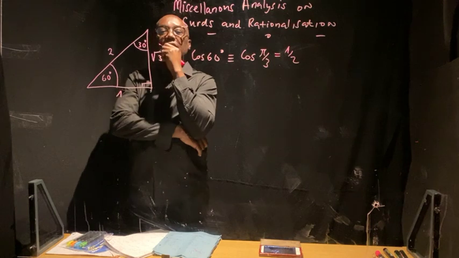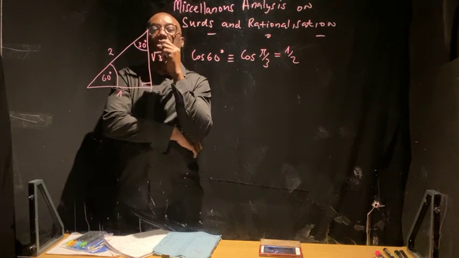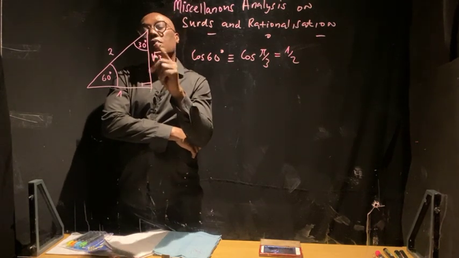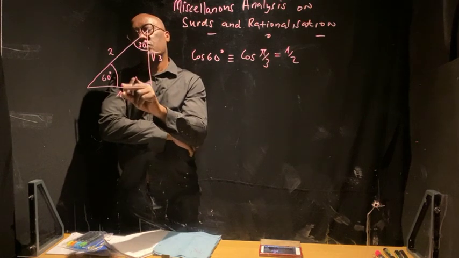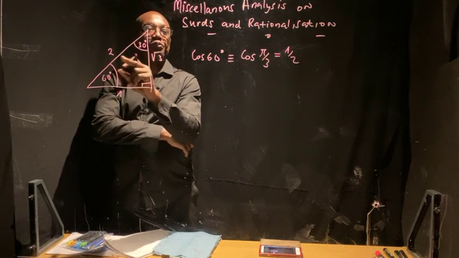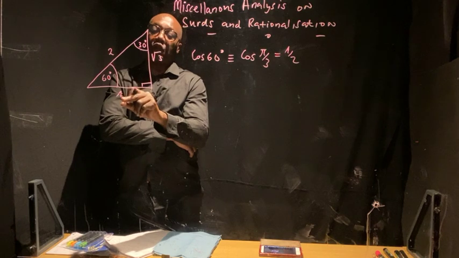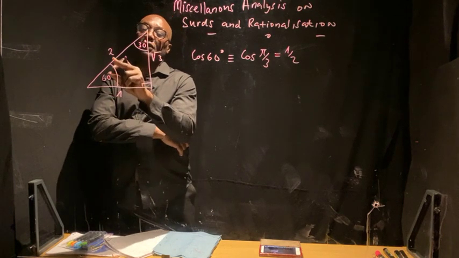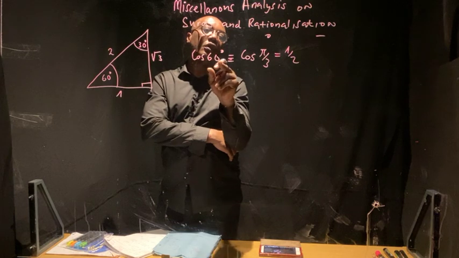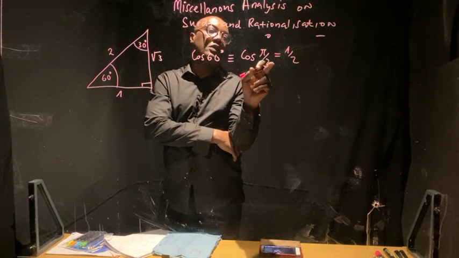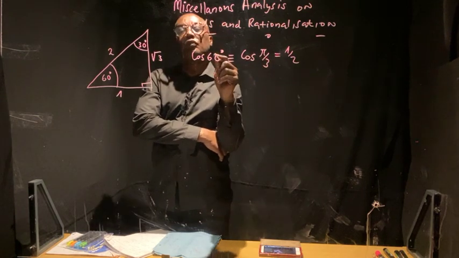If you want sine 60, okay, cos 60 is adjacent over the hypotenuse, and the adjacent is 1 and the hypotenuse is 2. That's why we say that cos 60 or cos pi by 3 is equal to 1 over 2.